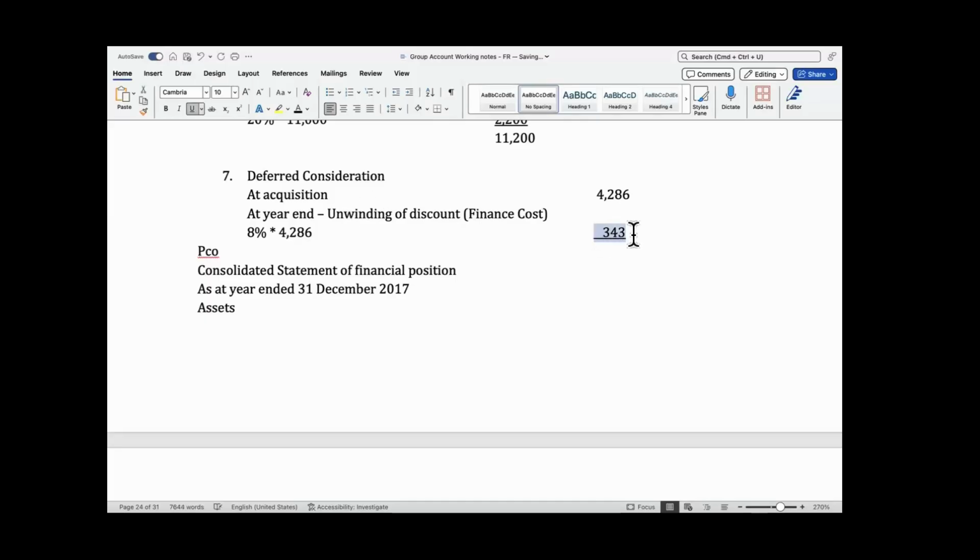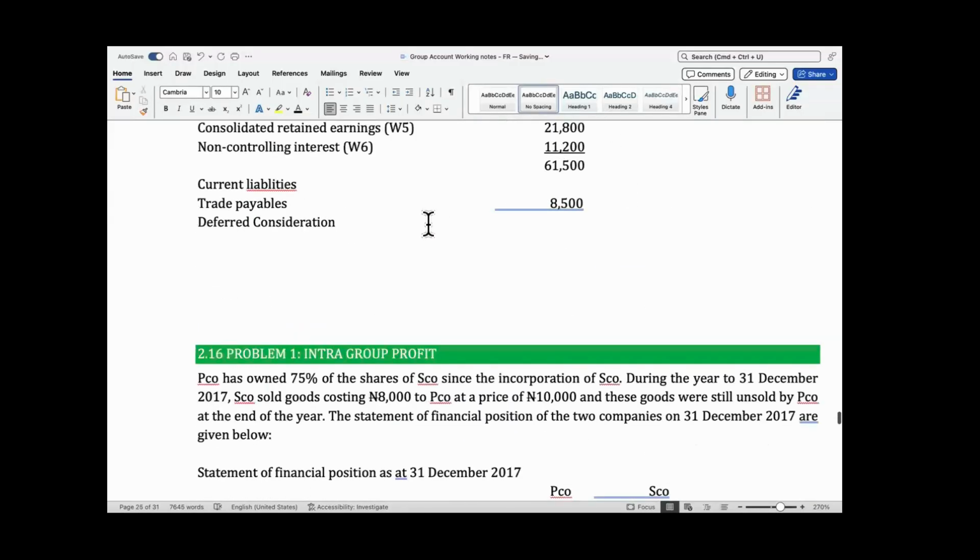343. So what's the addition? 4,629. So that means we will have a deferred consideration here of 4,629.